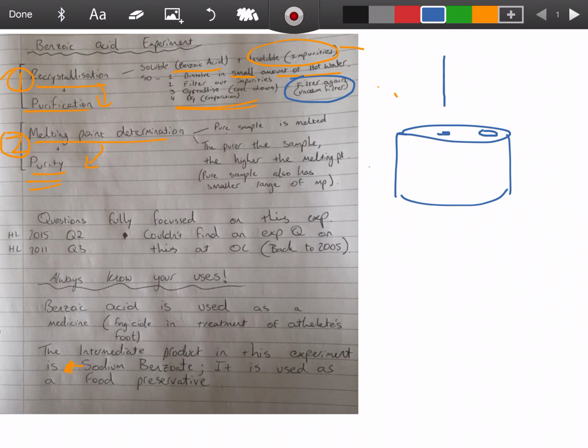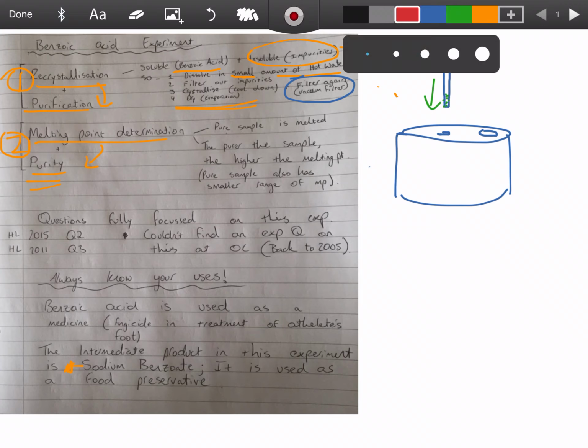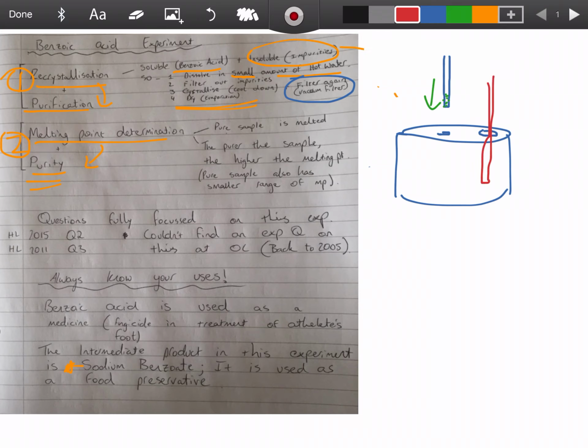We have very, very thin glass tubing, and we put a sample of the benzoic acid in there, and we pop that down into the hole that it fits into in the block, and then we would pop a regular thermometer in there also.